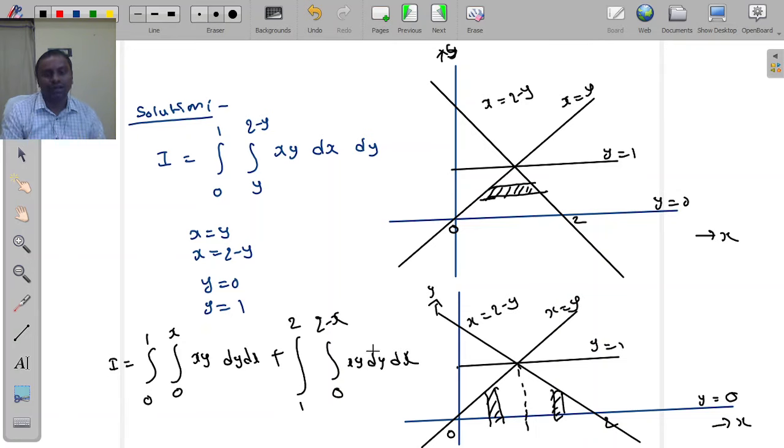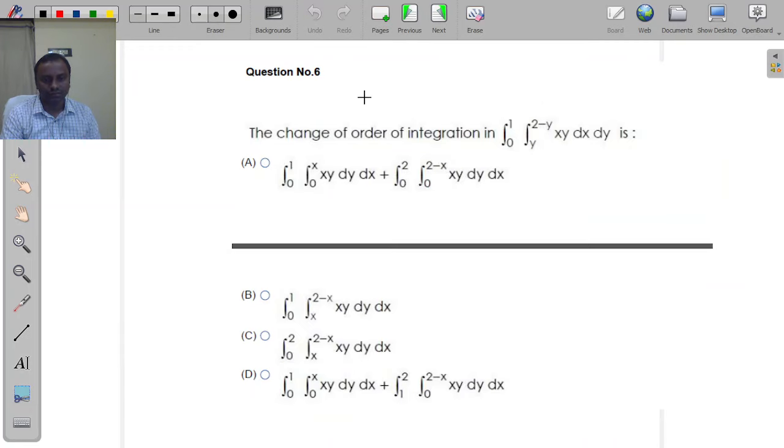So we are changing the order of integration, and it becomes this and that. The answer is integral 0 to 1, 0 to x, xy dy dx, plus integral 1 to 2, 0 to 2 minus x. So the answer for this question is option D.